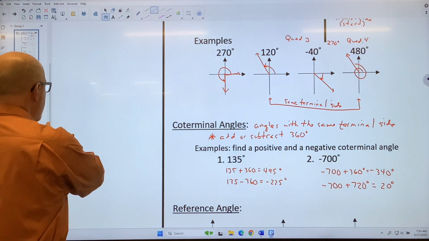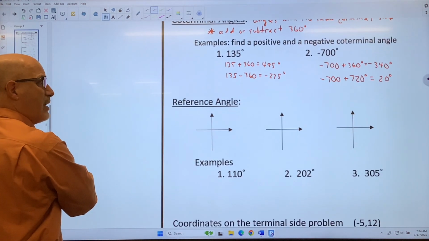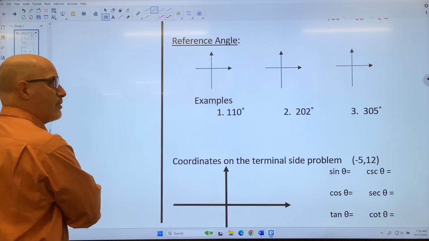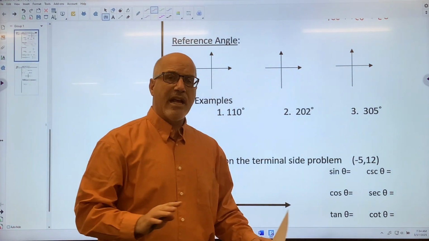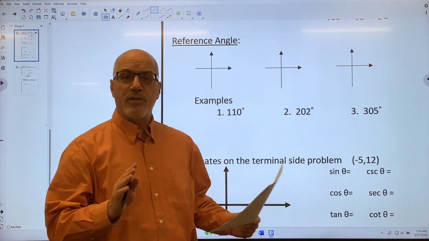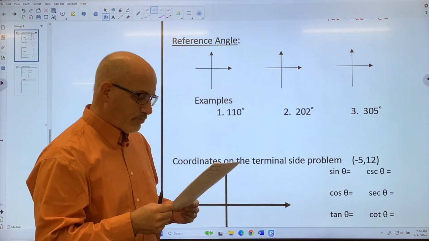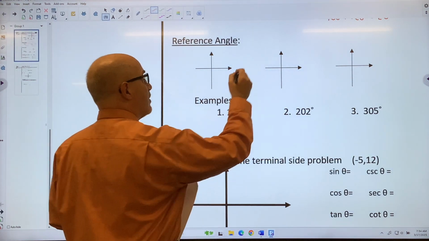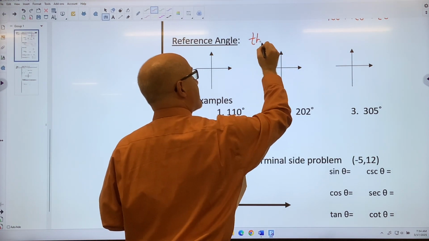All right, next let's turn to another vocabulary term. These are called reference angles. Reference angles are where you want to have acute angles always, whatever quadrant you're in. So this is the acute angle formed with the x-axis.